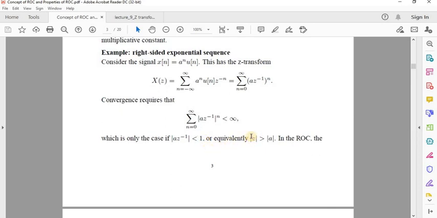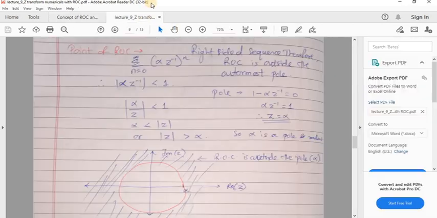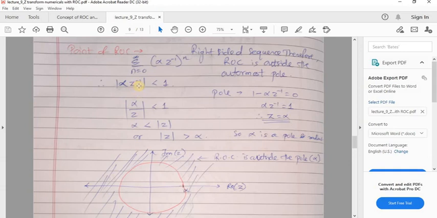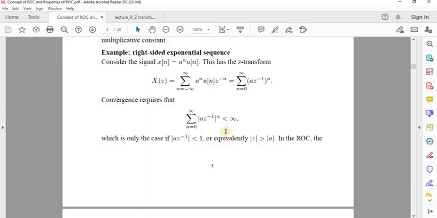This is also equivalent to Z greater than A. When we simplify, Z inverse becomes 1 upon Z, so mod of alpha upon Z is less than 1. When we cross multiply Z with 1, it becomes positive Z. So mod of Z is greater than alpha, that's it, or A.